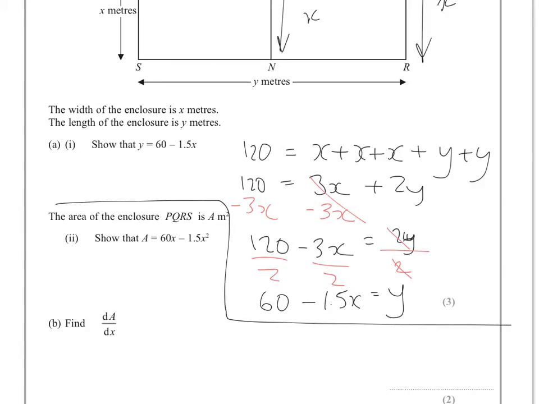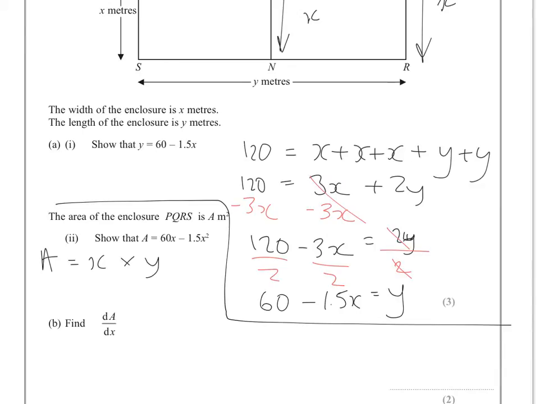Part 2. Show that A equals 60x minus 1.5x squared. Well, the area of the field is going to be x times y. So area equals x times y.